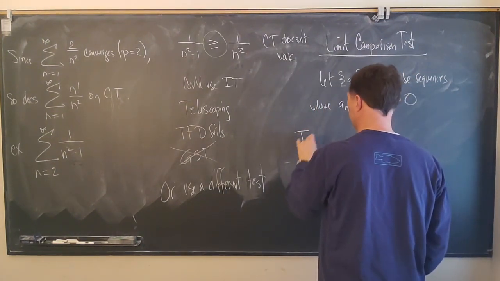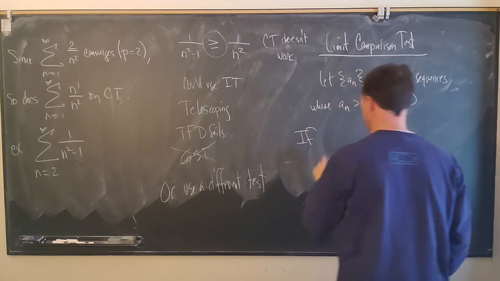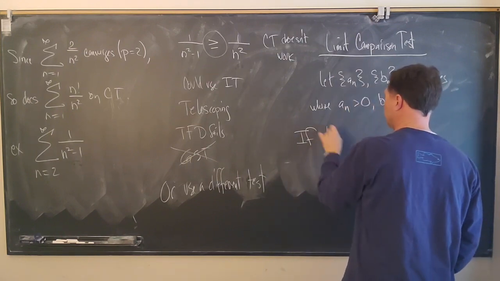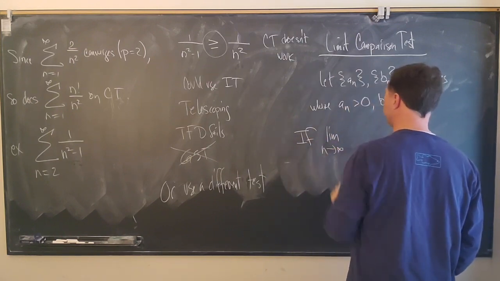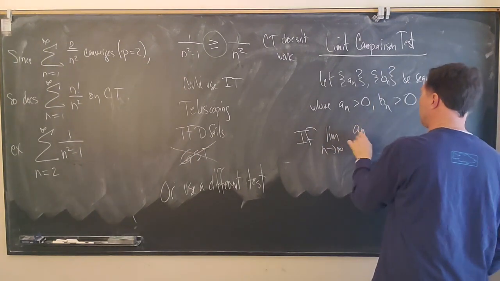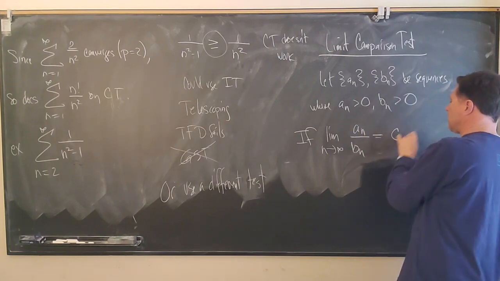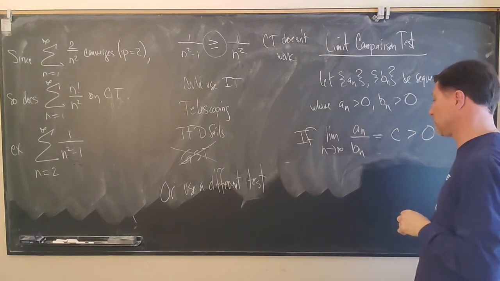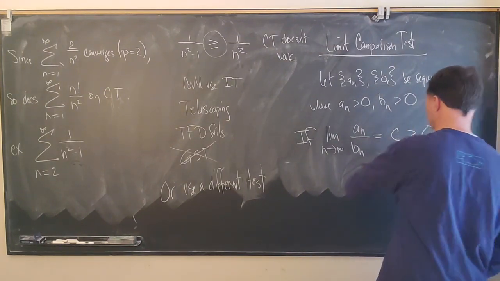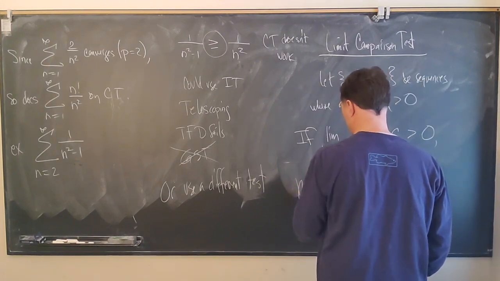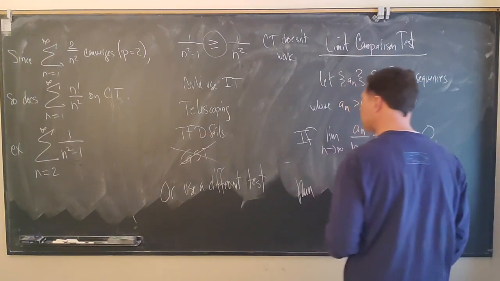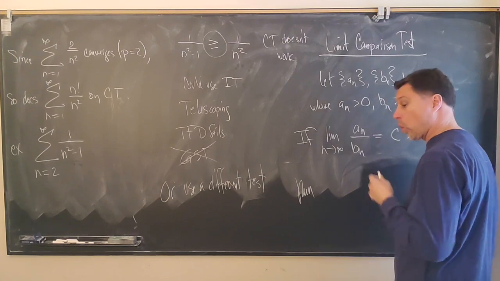Now, if the limit as n goes to infinity of a sub n over b sub n is equal to some constant, let's say c, where c is strictly greater than 0, then either both series converge or both diverge.